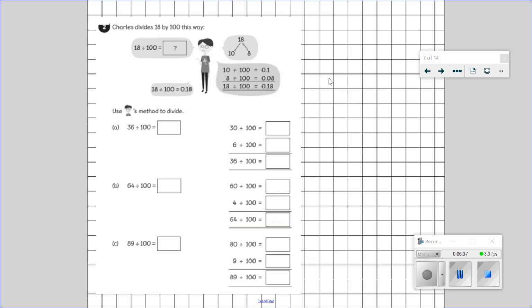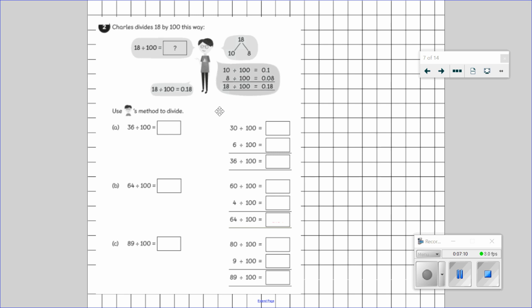So here's question 2, and this is the way that Charles does it. This is his method. He's got 18 divided by 100, and he's partitioned his 18 into a 10 and 8. 10 divided by 100 is a tenth, 0.1, and 8 divided by 100 is 8 hundredths. And then he puts them together to give him 18 divided by 100 is 0.18, or 0 and 18 hundredths.